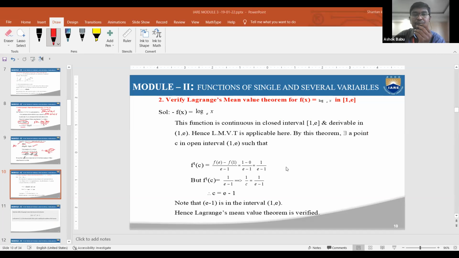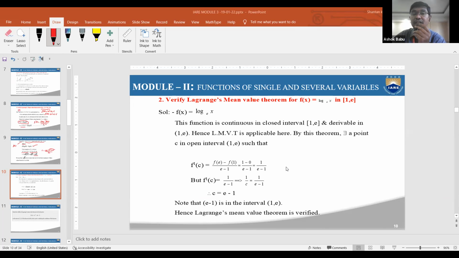See the other problem. Verify the Lagrange's mean value theorem for the function f of x is equal to log x in the interval [1, e]. Here it is a logarithmic function. According to the property I have given, every logarithmic function is continuous and differentiable in the prescribed limits.